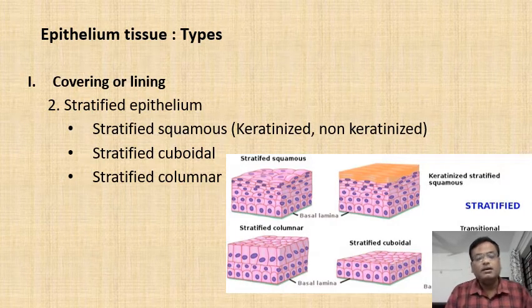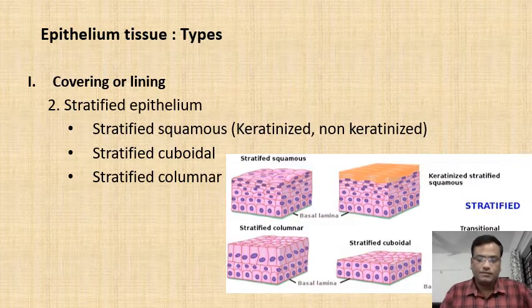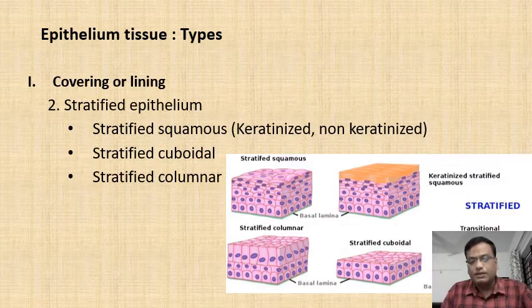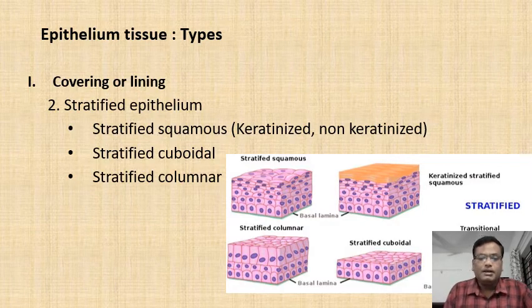For example, the stratified squamous is again divided into keratinized and non-keratinized. The skin is the best example: the outer layer of skin is made up of keratinized stratified squamous epithelium. Keratinization results in the death of the outermost layer of cells.